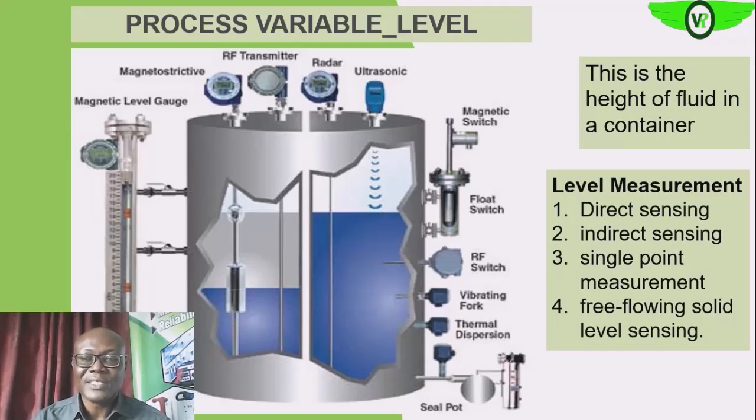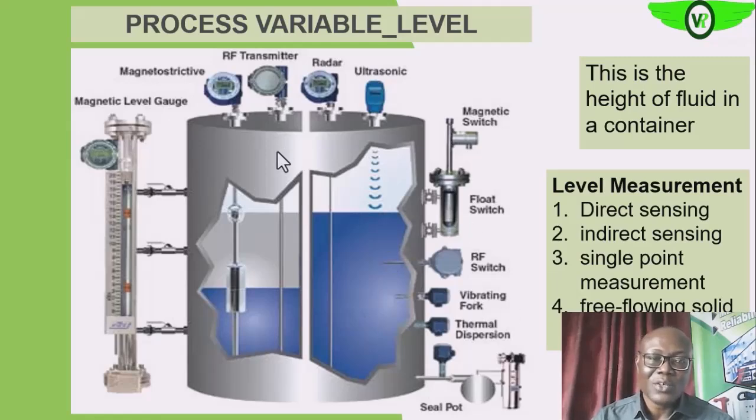We have the direct and indirect measuring methods, or the manual and the automatic level measurement methods. Let us look at it from the angle of direct sensing and indirect sensing measurement. We also have the single point measurement.